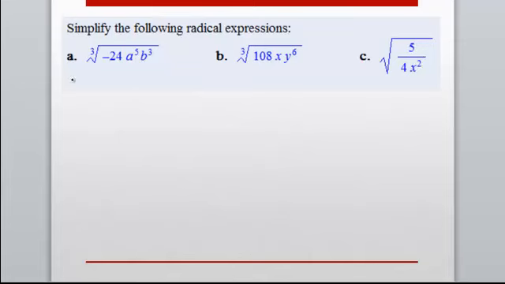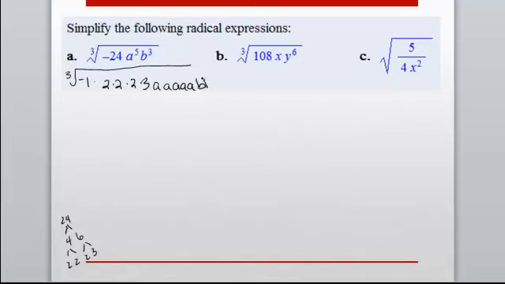So we know we're going to have, let me go ahead and write my cube root here, a -1. 24, if you wrote that in prime factored form, let's see what we would get. 24, that's going to be 4 times 6, 2 times 2, and 2 times 3. So that's 2 times 2 times 2 times 3. Then we have a to the 5th, 1, 2, 3, 4, 5, and b cubed.